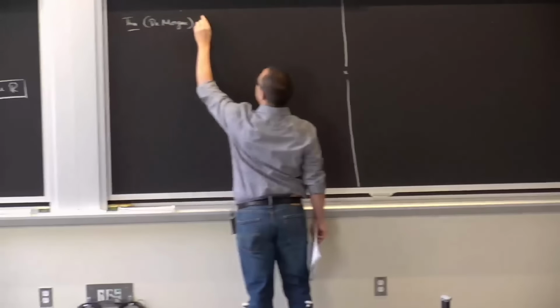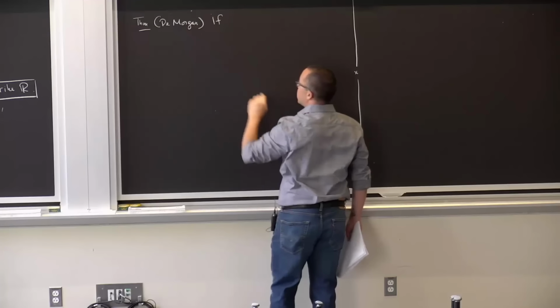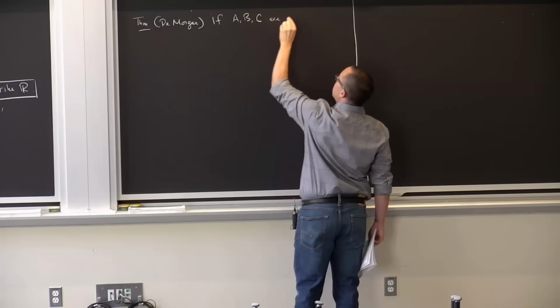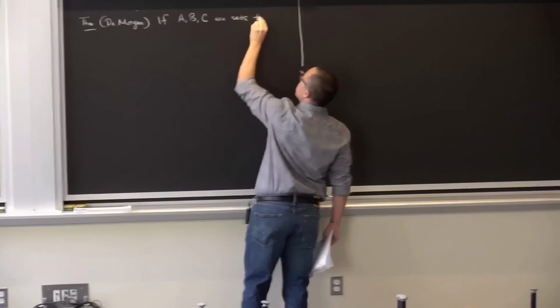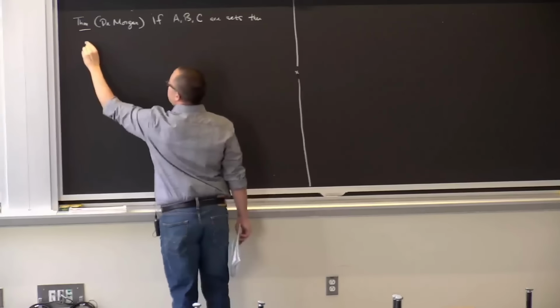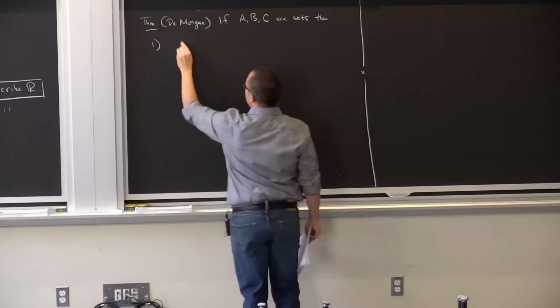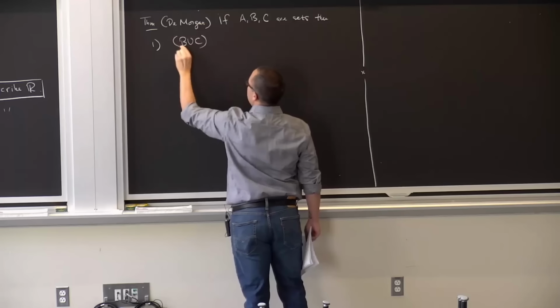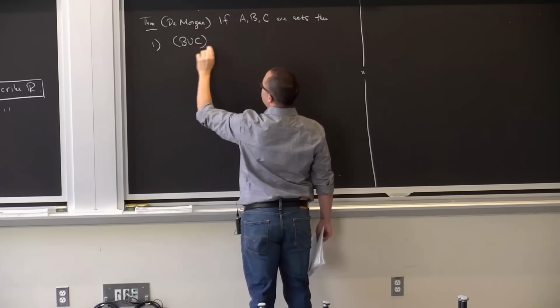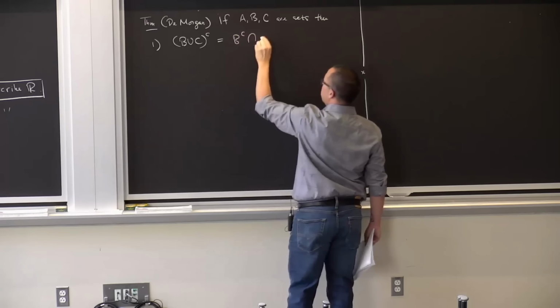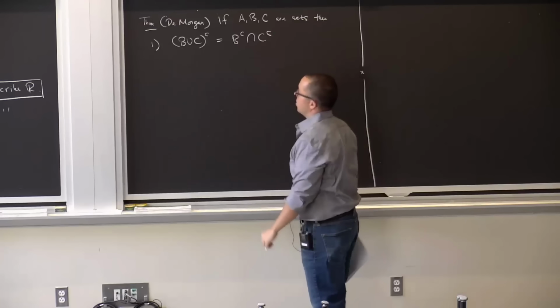And the statement is the following. So if A, B, C are sets, then I have several things I can say. The union of B and C taking their complement, this is the intersection of the complements.